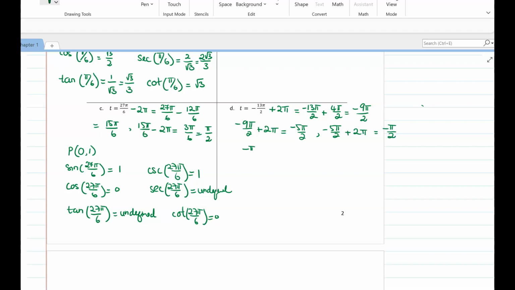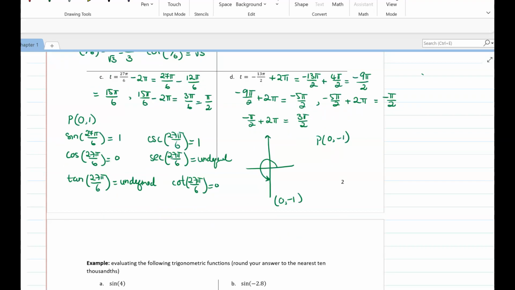And negative pi over 2 plus 2 pi, that is 3 pi over 2. So 3 pi over 2 on the unit circle is right here. It has the terminal point of 0, negative 1. Now that we have the terminal point 0, negative 1, you can go ahead and calculate the value of the trigonometric functions on your own.